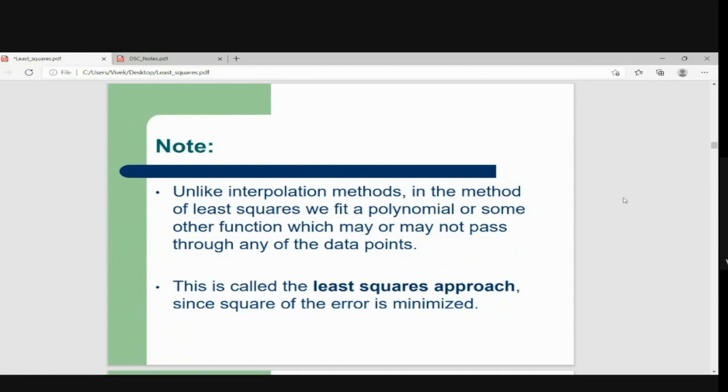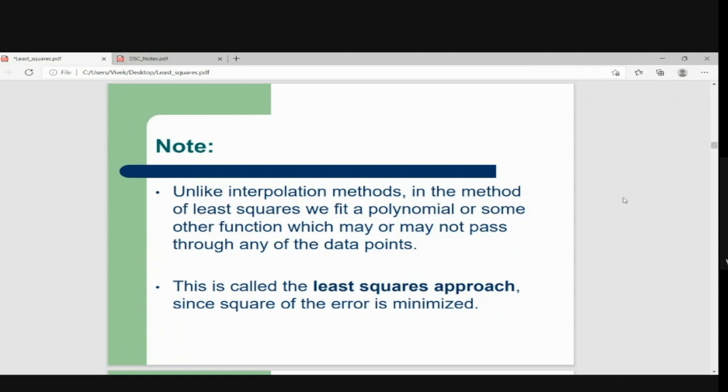That is the first condition there. Suppose we have five data points. If I want to do only interpolation, then I will get a curve that is a polynomial of fourth order.